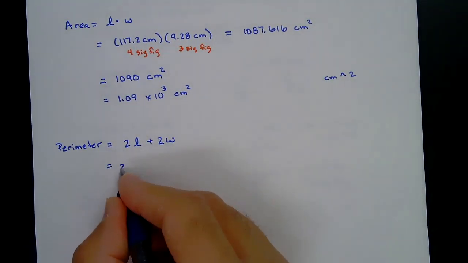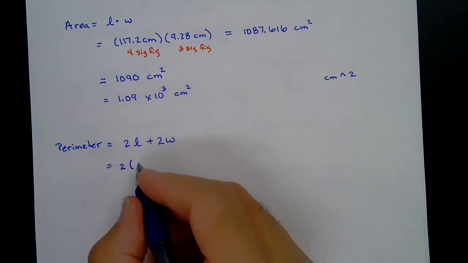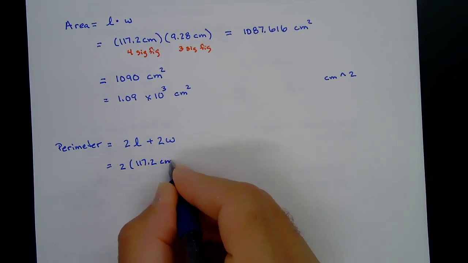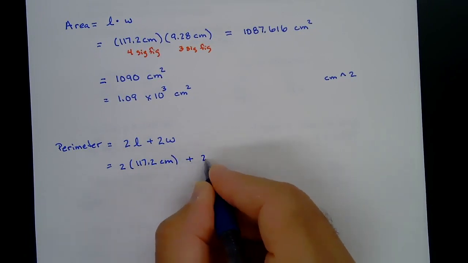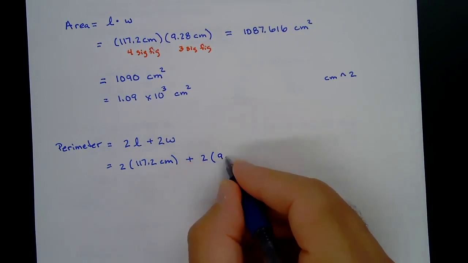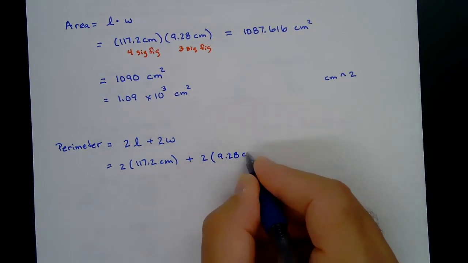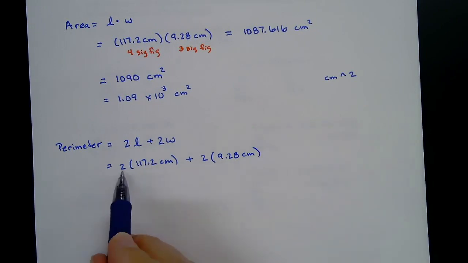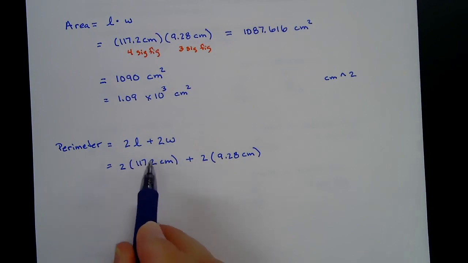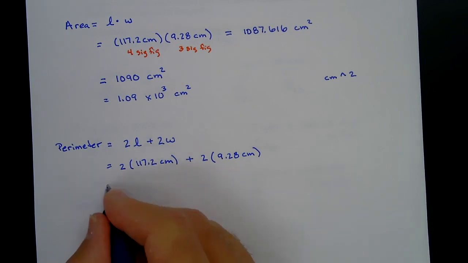So that'd be 2 times 117.2 centimeters, plus 2 times 9.28 centimeters. This 2 is not a measured value, so it has infinite significant figures. And so this answer right here is going to have the same number of significant figures as this number right here because it's multiplication.